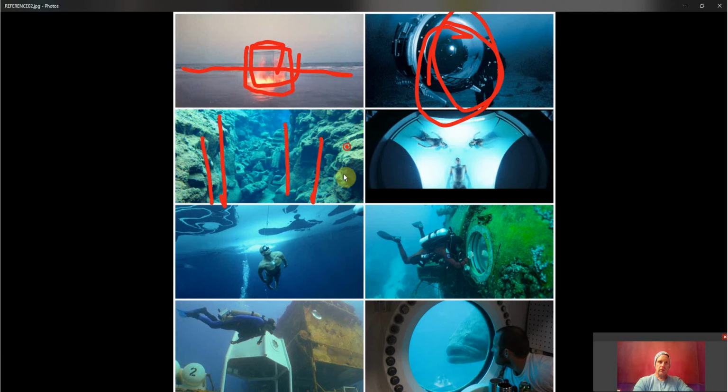I looked at deep sea diving, free diving, where you hold your breath, and this is in Iceland, believe it or not. I wanted to find a place where the colors are cold.